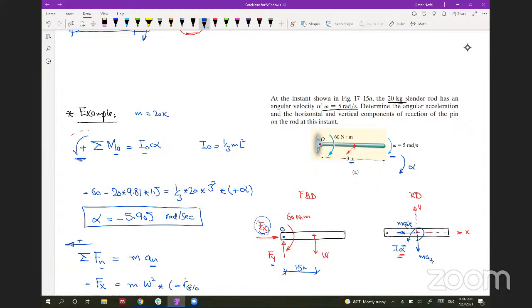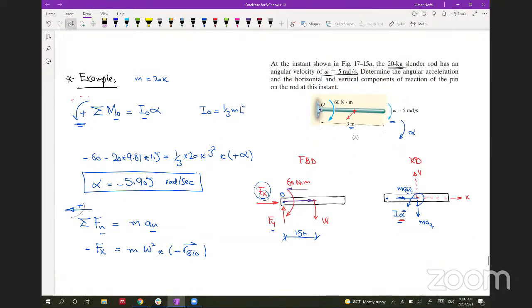So let's see, this is the magnitude of r_G with respect to O, and it's in this direction. So if it's negative, it will be in this direction. And this is our positive direction. So negative Fx will be equal to the mass 20 kilograms multiplied by 5 radian per second square multiplied by r, which is 1.5 meter, but let's be careful about the direction.